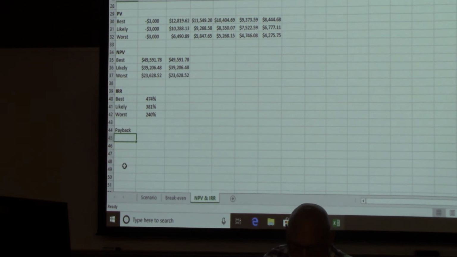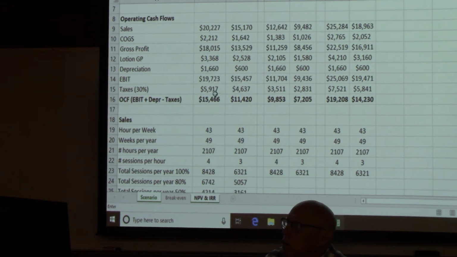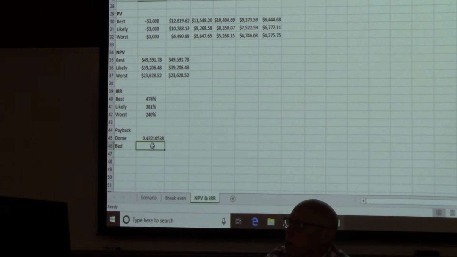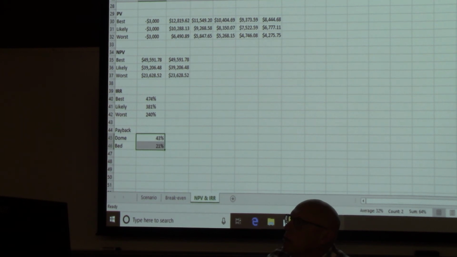Let's say for the dome, and for the bed, and the payback for the dome is equal to the cost of the dome divided by, let's see, well, let's do best case, and is equal to the cost of the bed divided by best case, and that's good enough there.